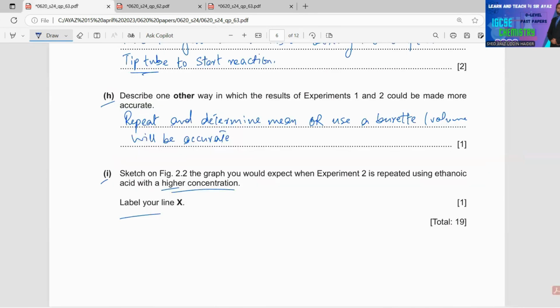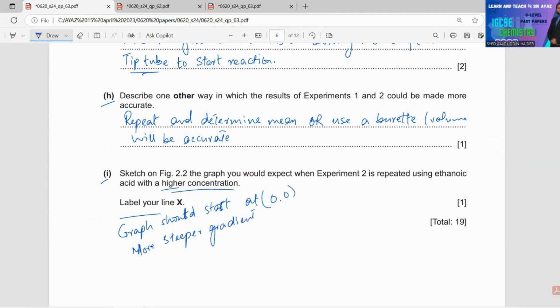So remember these things. Graph should start at 0,0 and have a steeper gradient.